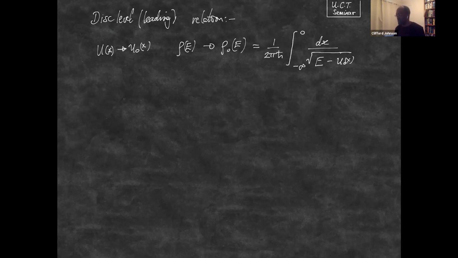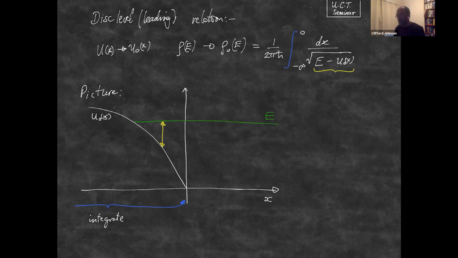So let me give you a picture for how that works. What I have is some sketch of the potential U, or U naught of X. It's the disk level potential. It looks something like that. There's some energy that I'm interested in, and then in yellow I've shown you the difference between E and U naught, and that's what goes into the integral on the bottom line, square rooted.